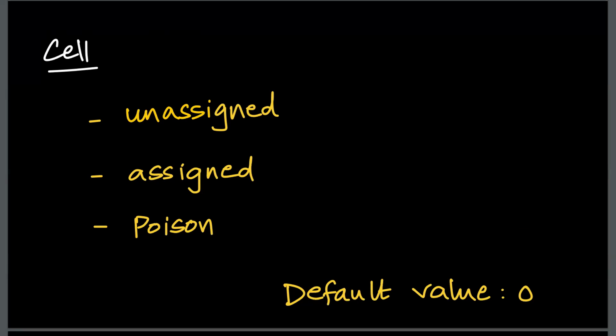The unassigned ones have a default value of 0, and the assigned ones will have the value which you assign to them. A lot of times there are issues with the unassigned cells and the default value of 0. You would face it a lot. So yeah, that's the cell.